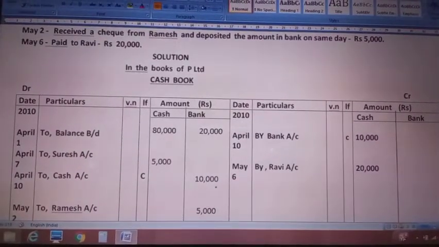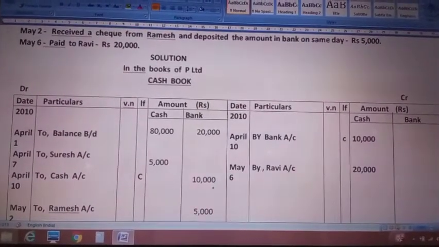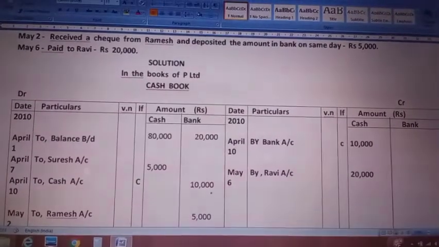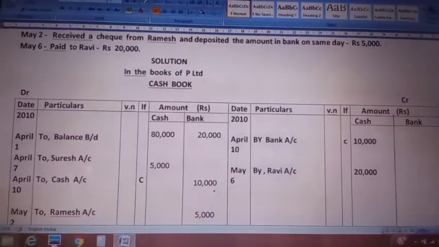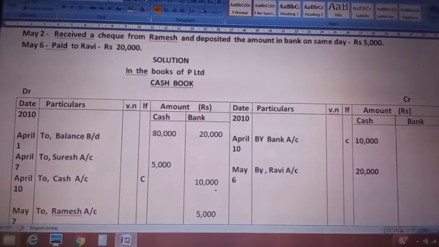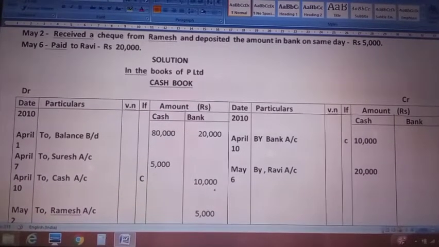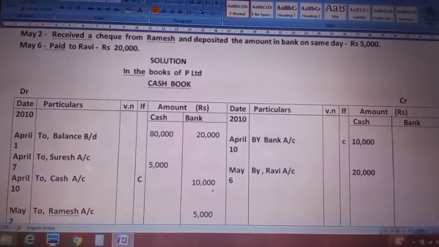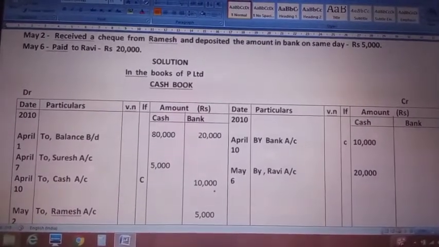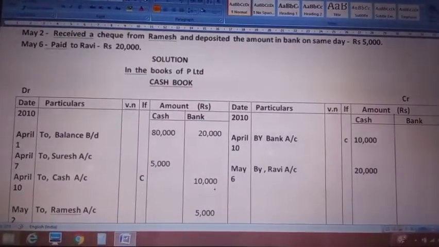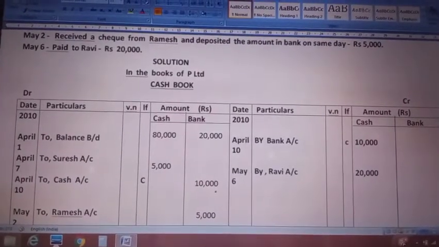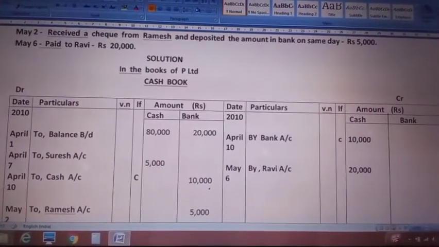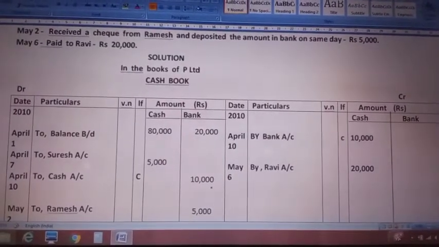But if it is mentioned that the check is not yet deposited in the bank, then we will simply pass a journal entry, and on the day we deposit the amount in the bank, on that day only we will enter the amount in the cash book. Okay, regarding this transaction, tomorrow I will give you a sum, so in that it will be much clearer to you.